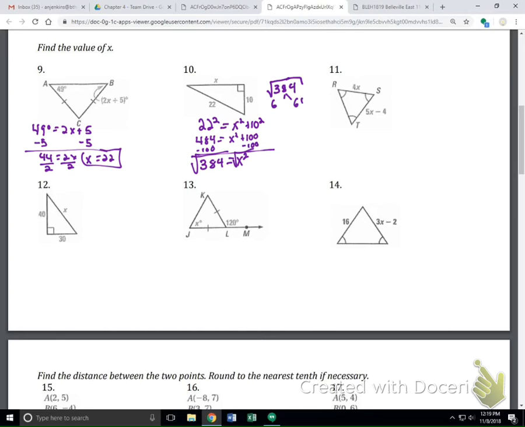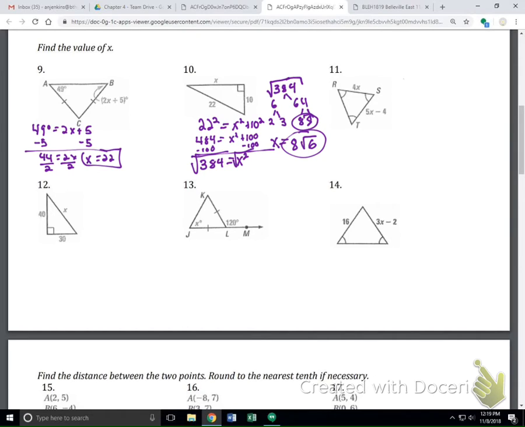Okay, 6 and 64. 6 breaks down to 2 and 3. 64 breaks down to 8 and 8. At this moment, you know that 64 is a perfect square. You can circle your 8. It goes out. What doesn't have a buddy is the 2 and the 3. We multiply those together and we get 8 square root of 6. So x equals 8 square root of 6.